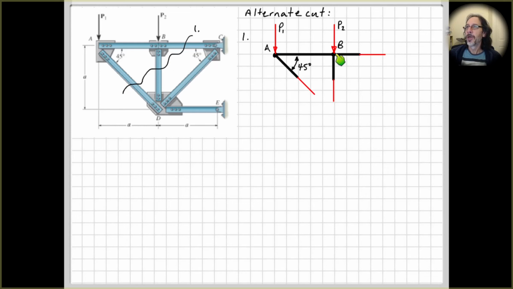If we take moments about point B, or imagine we're taking moments about point B, P1 is tending to push down around anti-clockwise, so therefore the force in AD needs to push up here around clockwise for it to be in equilibrium.